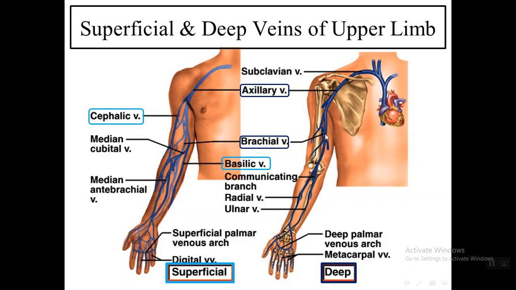They are called the venae comitantes, so you can call it the brachial vein, and it will continue. It will unite with the basilic vein at the lower border of teres major to form the axillary vein. So these are the deep veins of the upper limb. The brachial vein will continue as the axillary vein.